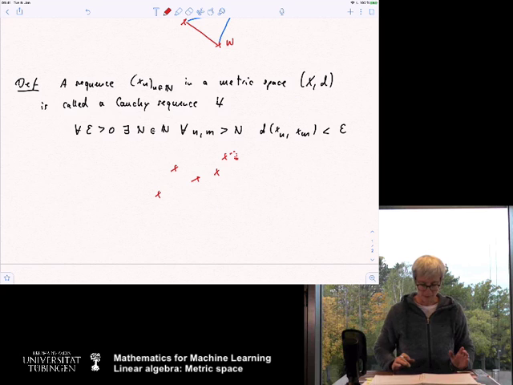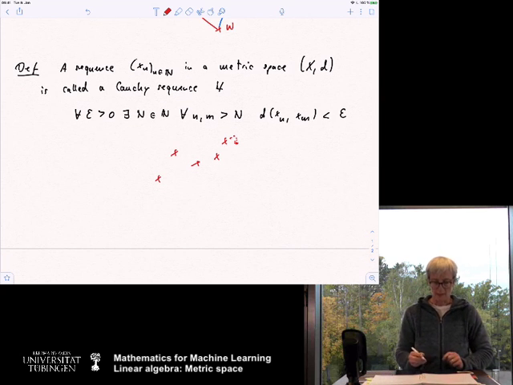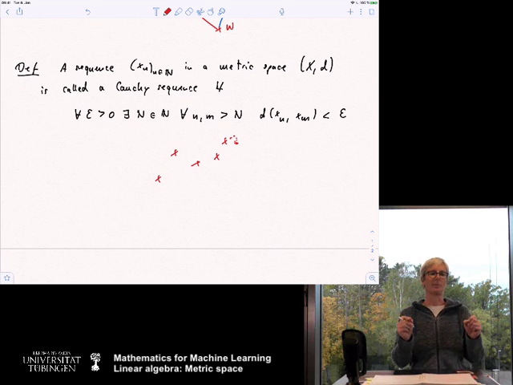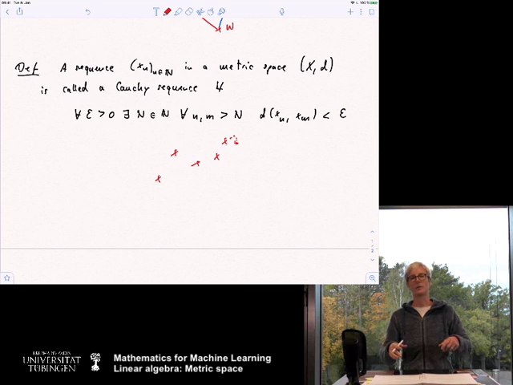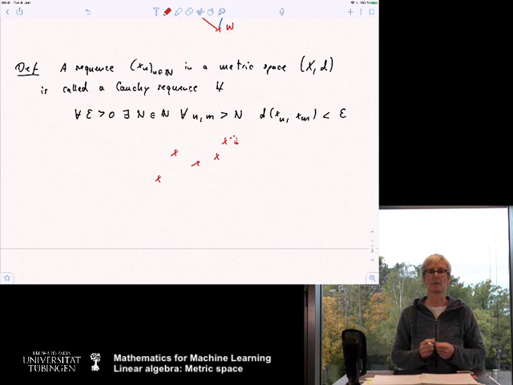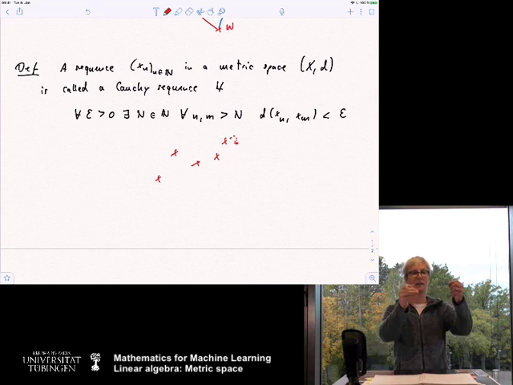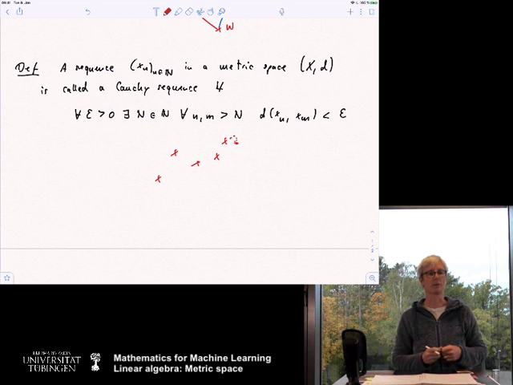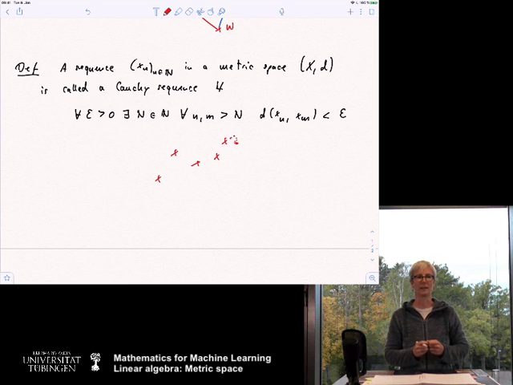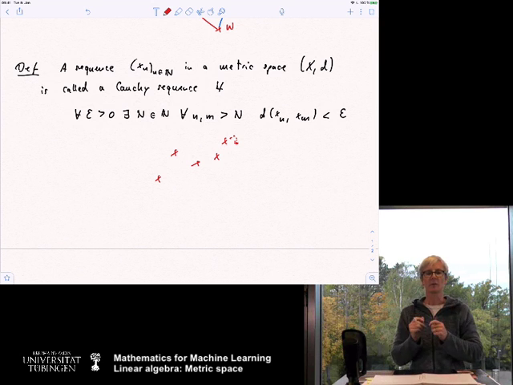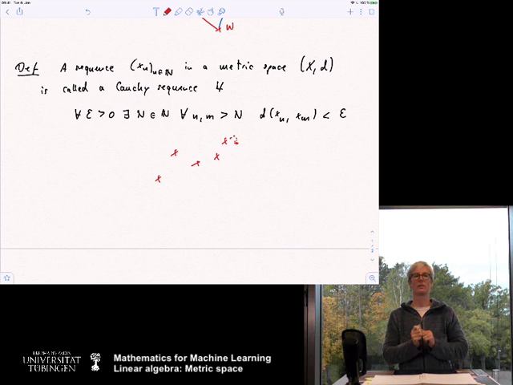Now what does it mean in practice? In practice it says you specify a distance epsilon, and if I want to prove to you that something is a Cauchy sequence, then you say, well, I give you a distance of epsilon 0.1. Then I say, okay, in my sequence, once we are beyond the index 5 million, I can assure you that no matter which points we look at, they are going to be of distance at most your epsilon.